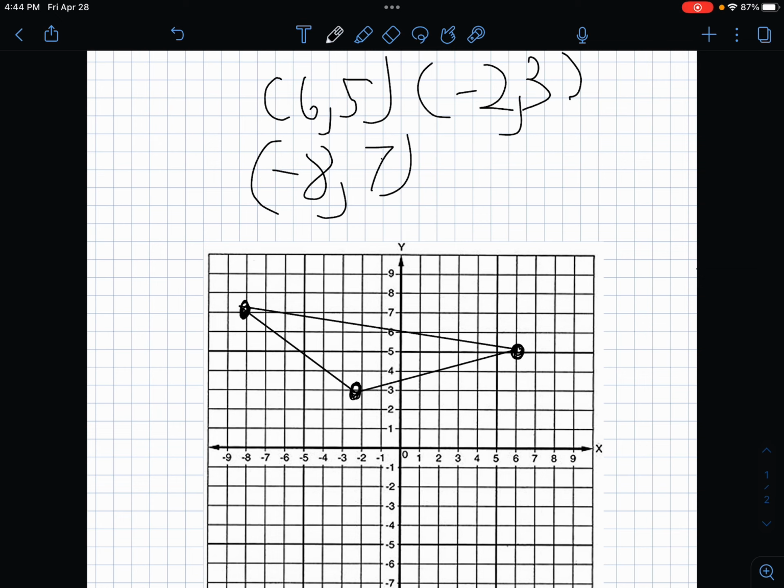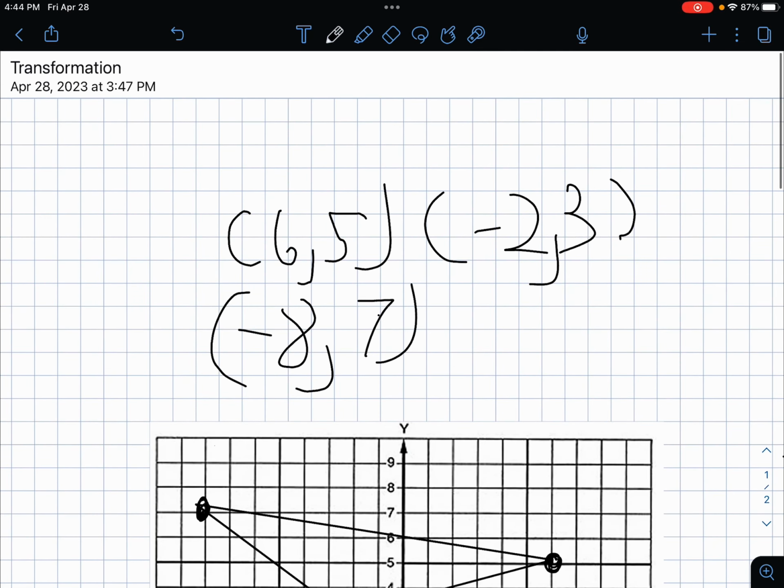And to this one, if it's crossing the y-axis, then you're going to make the x negative. So right now, you see here, it's crossing the y-axis. Now that we know it's crossing the y-axis, we have to make all the x's negative.